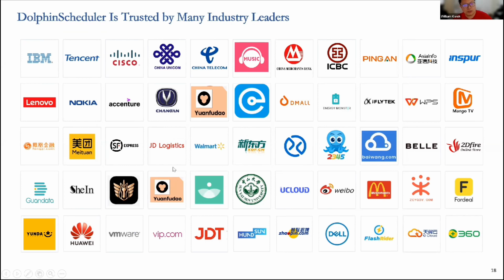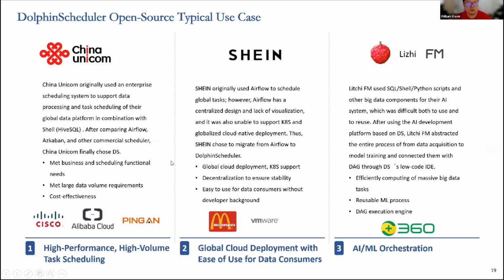I think there are three main typical user scenarios in DolphinScheduler. One we call high performance and high volume task scheduling. The typical user is China Unicom, because China Unicom has more than 1 million tasks in their scheduling systems.